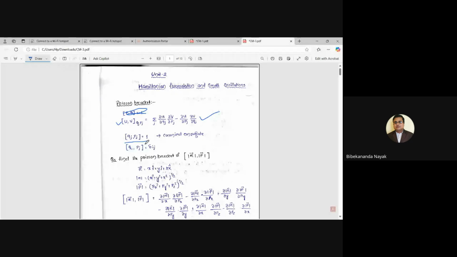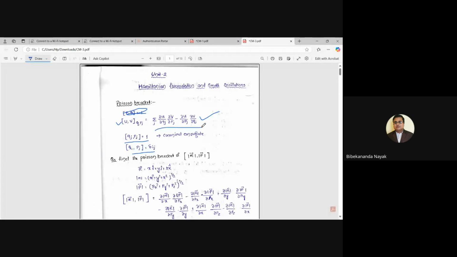If they are different, qi pj, it is delta ij. If i and j are different, then obviously it is zero. This is the definition of one kind of bracket, the Poisson bracket, which is actually used in canonical transformation. We will discuss it in the next class. But before that, remember this formula for the Poisson bracket. In place of u you can put one variable, in place of v you can put one variable, and the Poisson bracket is calculated from this formula.